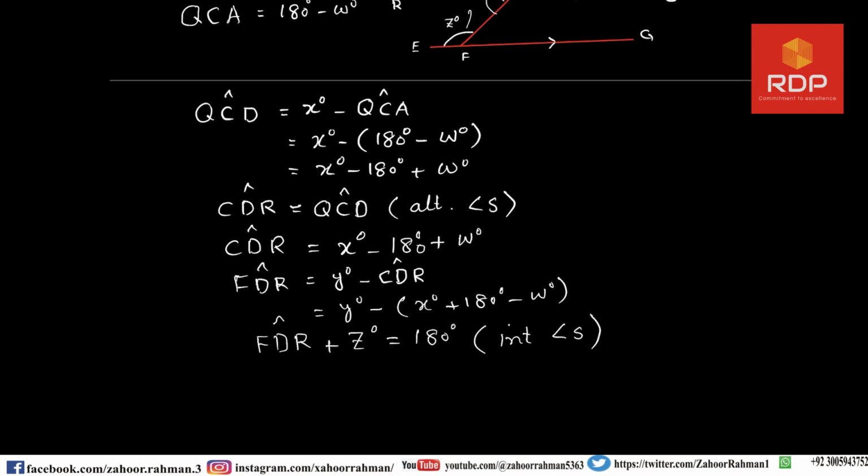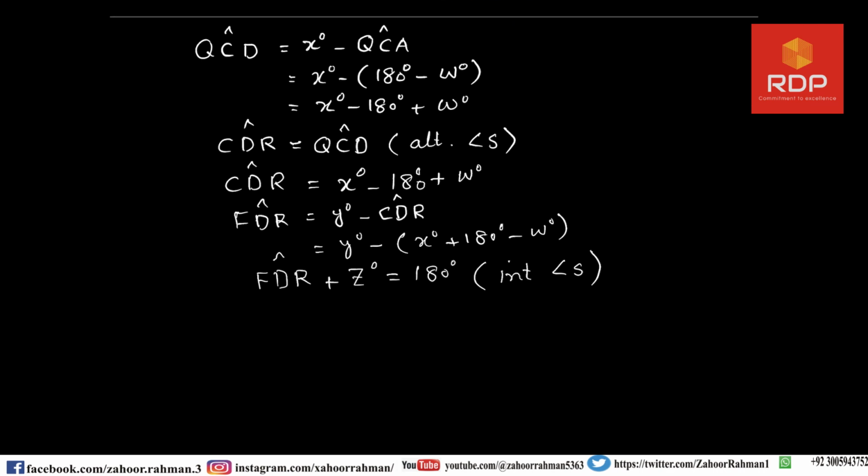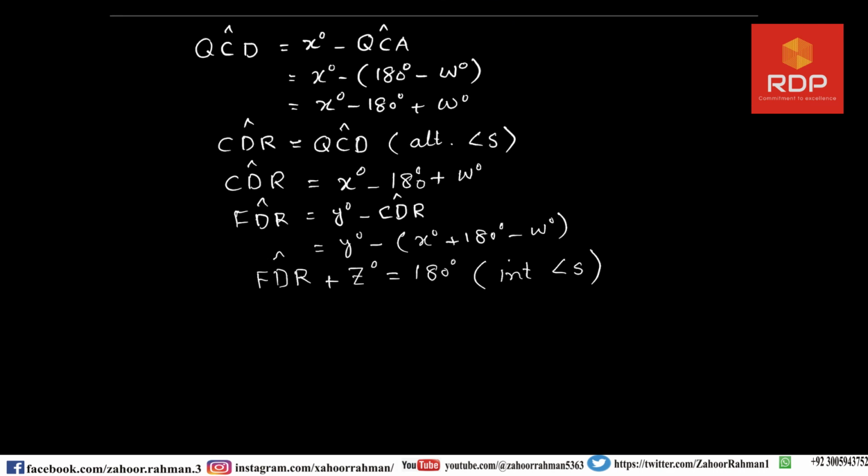Now we found FDR. So we can say that y degree minus x degree plus 180 degree minus w degree plus z degree is equal to 180 degree.